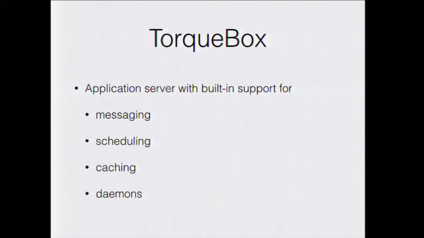As I said, it has messaging, scheduling, caching, and daemons all wrapped up in one, so that you don't have to worry about setting up, for example, delayed jobs or crons or things of that nature. And you can just mash up, put together everything in one place and forget about setting up other services.